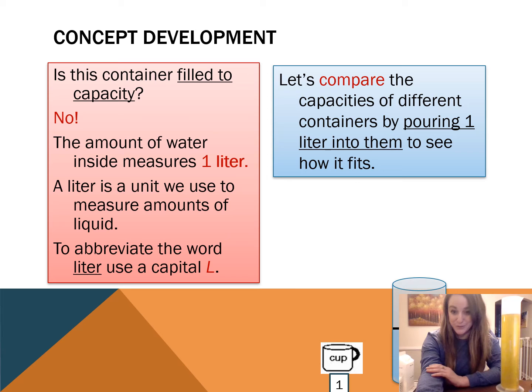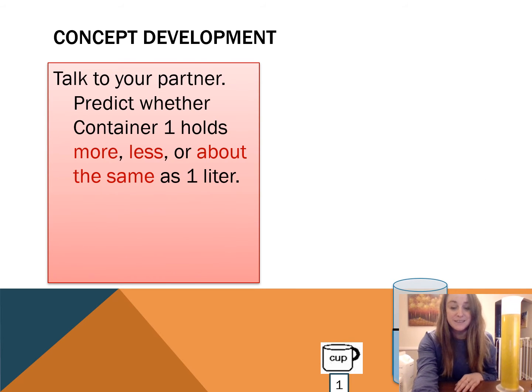I decided to change my angle a little bit so you can watch me pour. Now, we're going to do it in a cup. This container has the size of a cup. Now, do you think this is going to hold more, less, or the same as 1 liter?